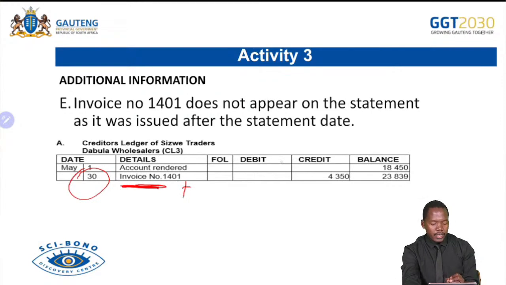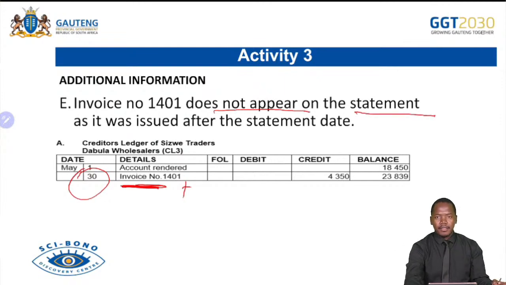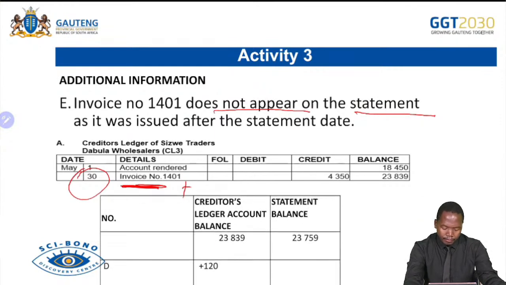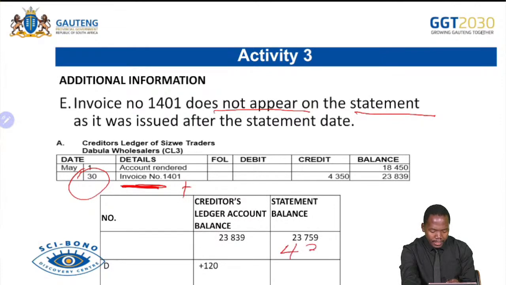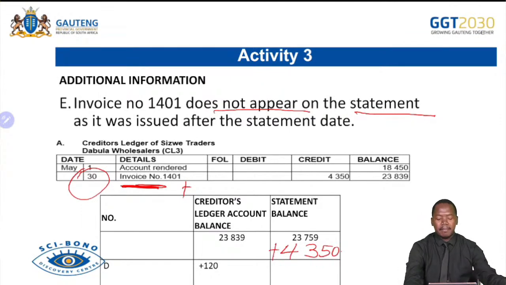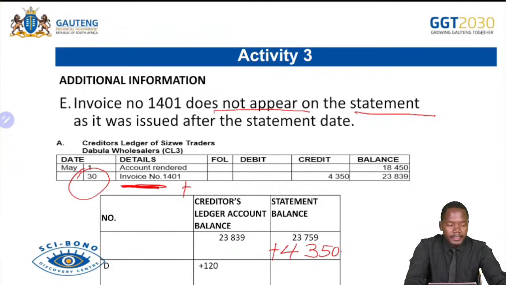It does not appear on the statement. Anything not on the statement, I must make it appear on the statement balance. Now, if you can check here, the 120 is before this. We will have 4,350. So it should be appearing there. It's a plus.